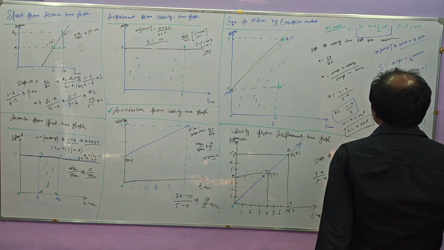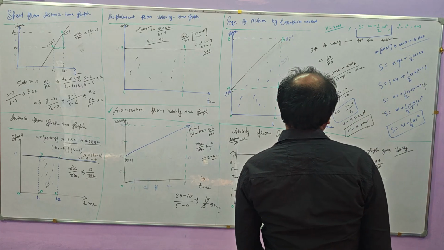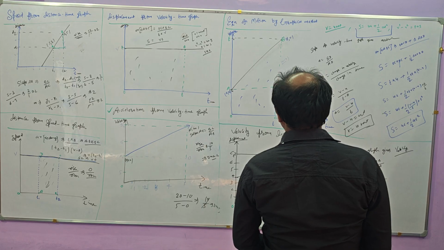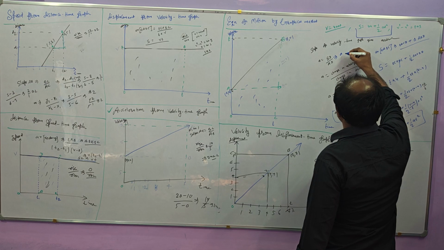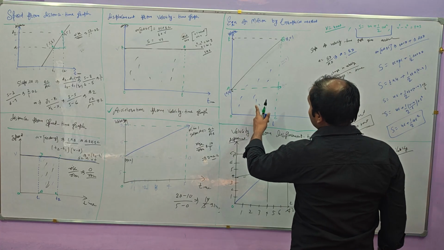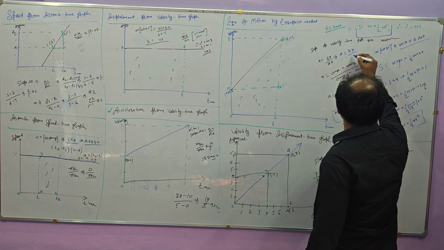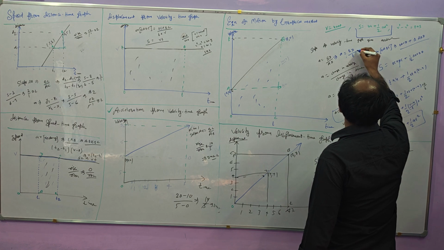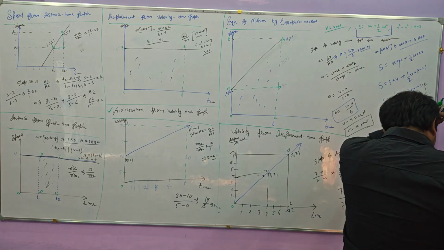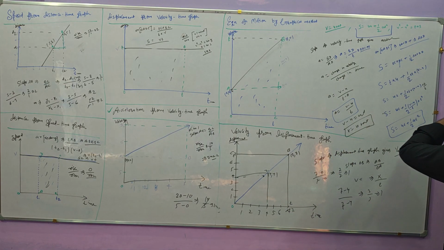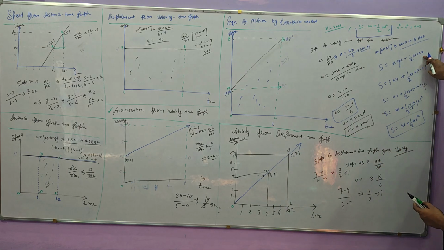Otherwise, we can directly put BD is equal to AT, and AD is equal to T, that is equal to OC. So BD is equal to AT, and we can directly put AT here.